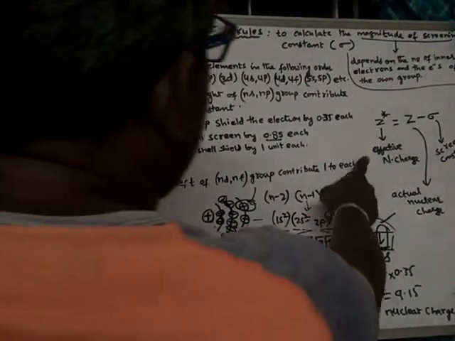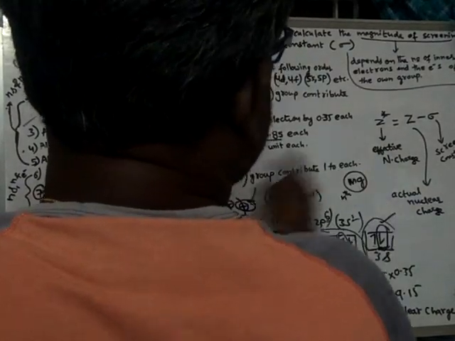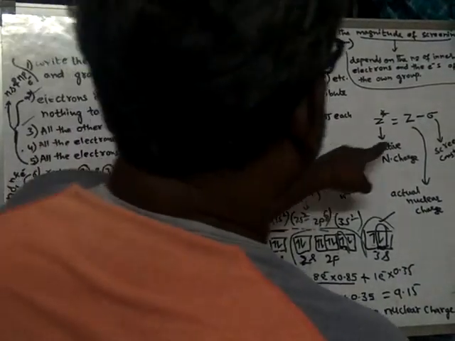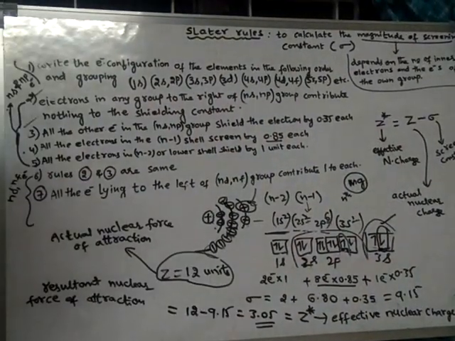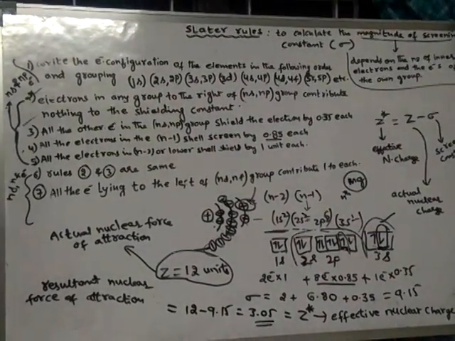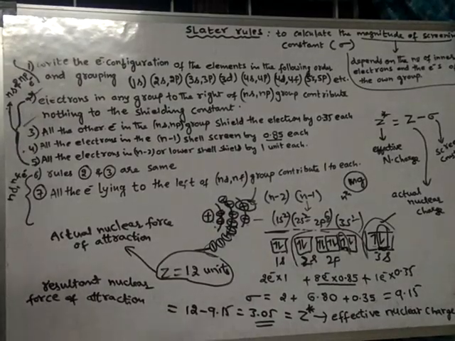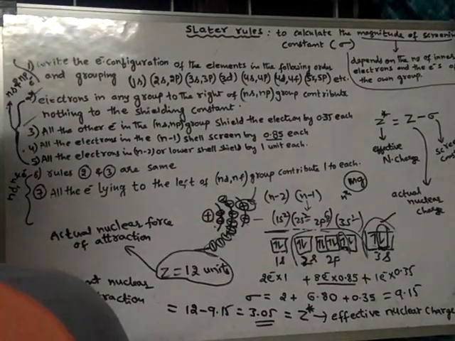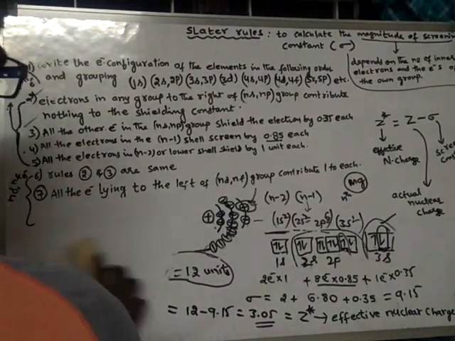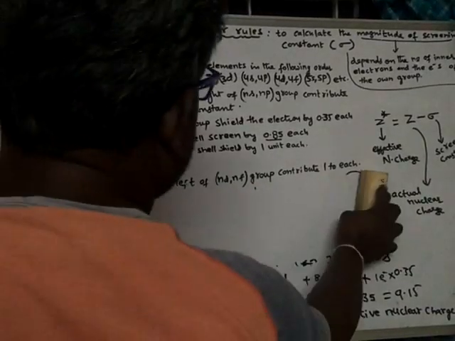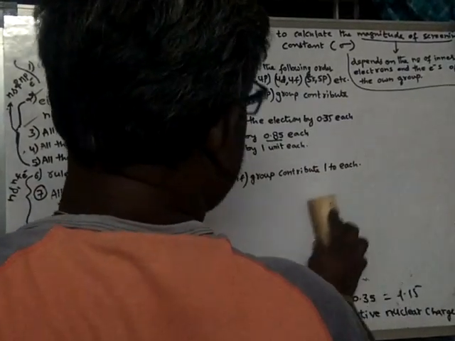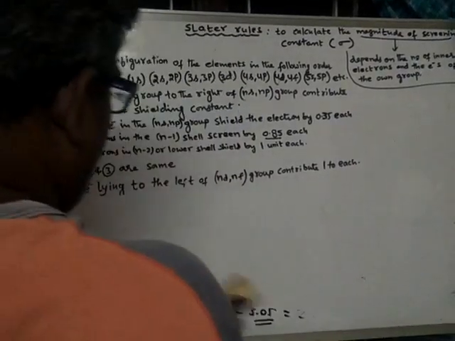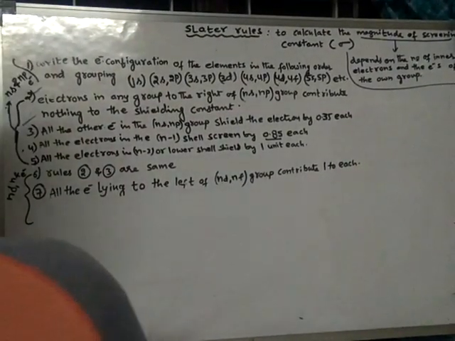Effective nuclear charge Z star is equal to the actual nuclear charge minus the screening constant. Now let us take an example to learn rules 6 and 7.